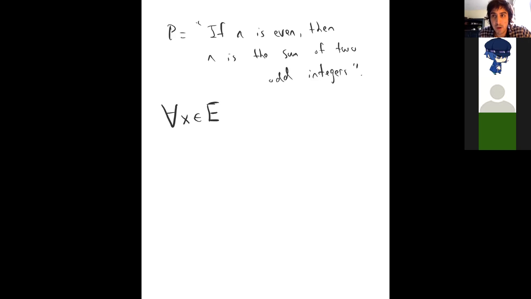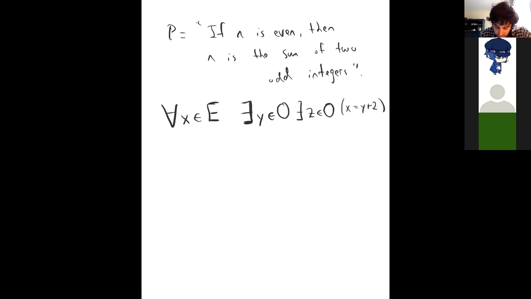For all X in E, there exists Y in O, and there exists Z in O, such that Y plus Z equals X. Perfect. That's the statement in math.